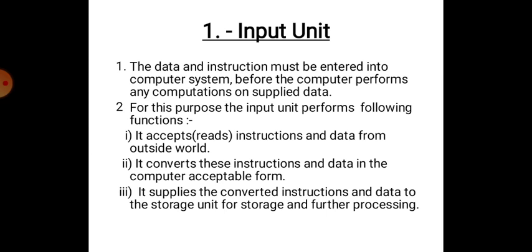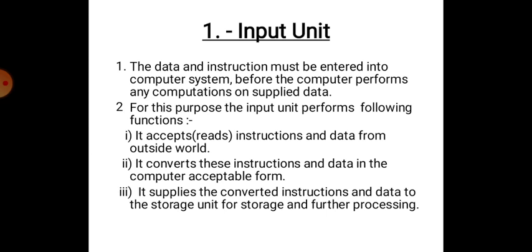1. It accepts or reads instructions and data from the outside world. 2. It converts these instructions and data into computer acceptable form. 3. It supplies the converted instructions and data to the storage unit for storage and further processing. Students, computer reads in data through various input devices such as keyboard or scanner.